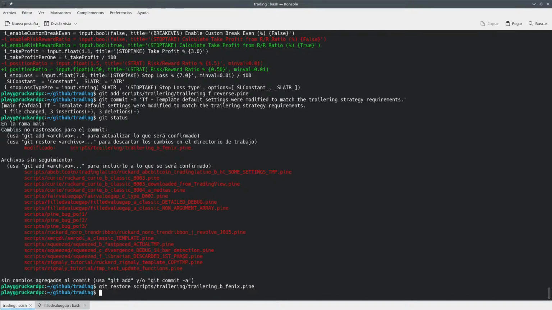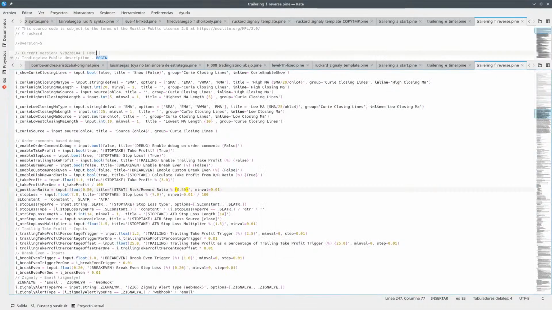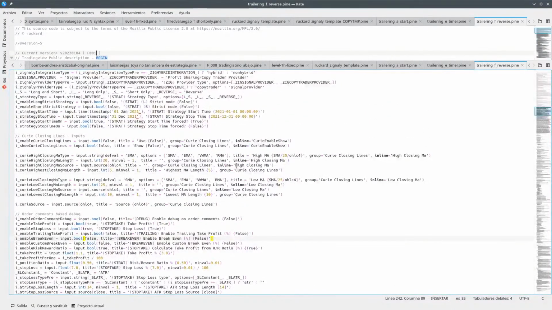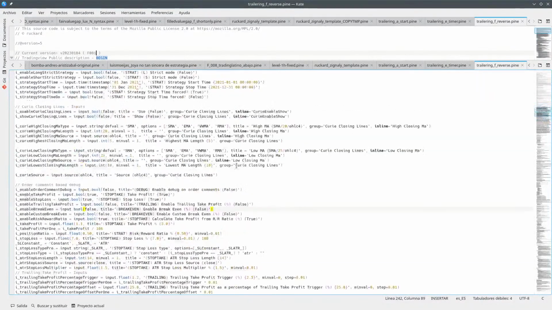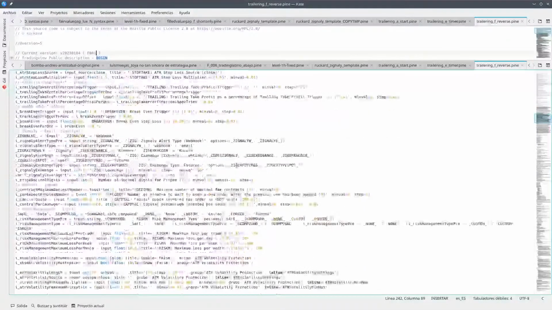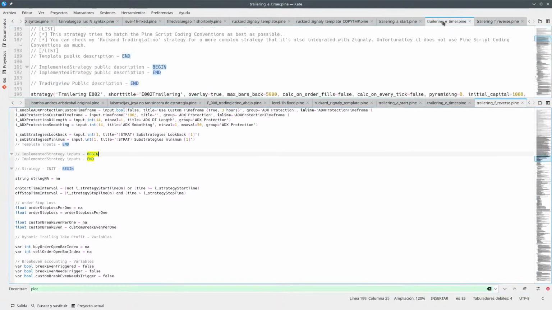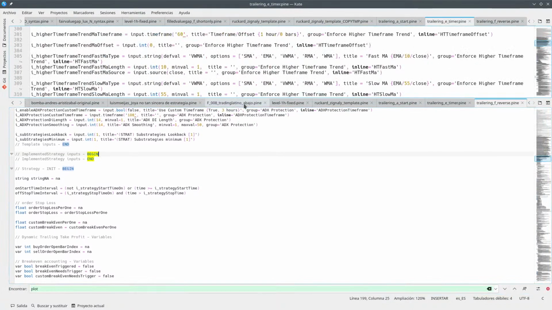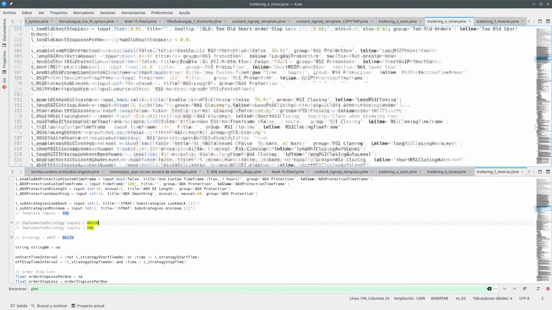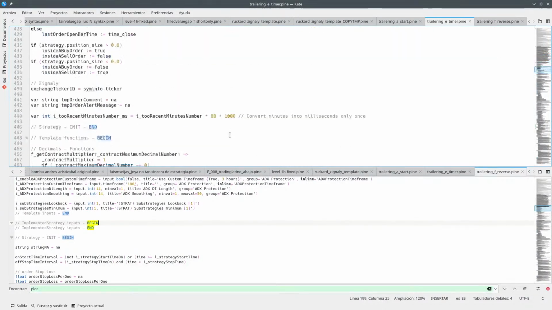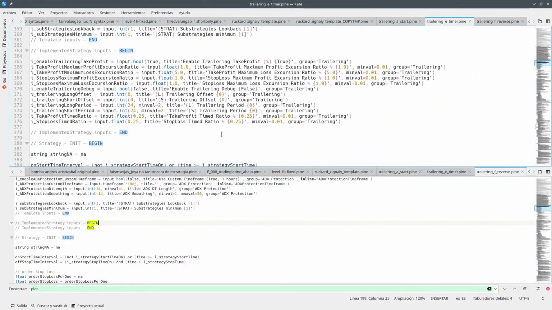So basically what you do here is you search for the inputs which are here, and then you add here whatever you had on the timer. I mean, not everything, but whatever is good enough.